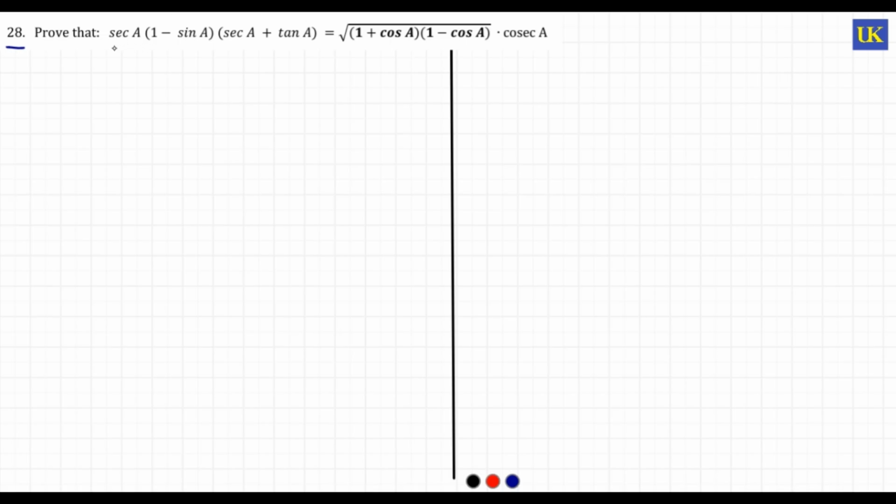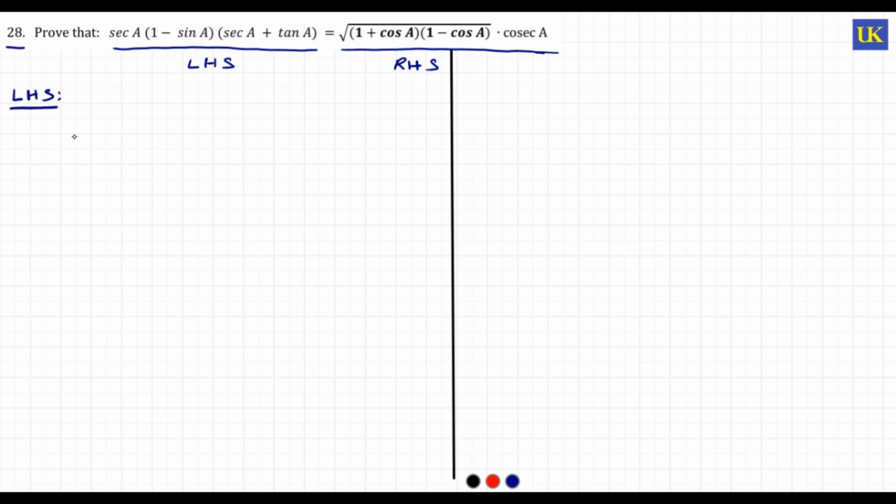Now we will treat this entire thing as LHS, the left hand side, and this entire side as the right hand side. First we will solve the LHS part.